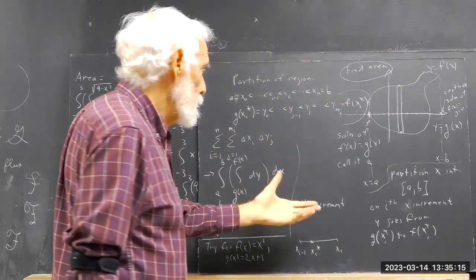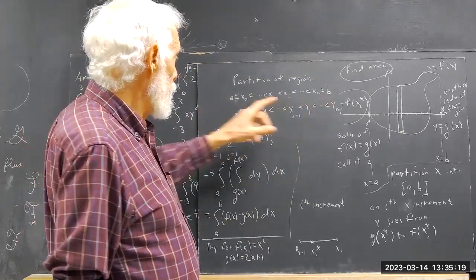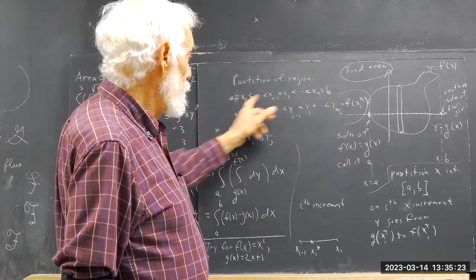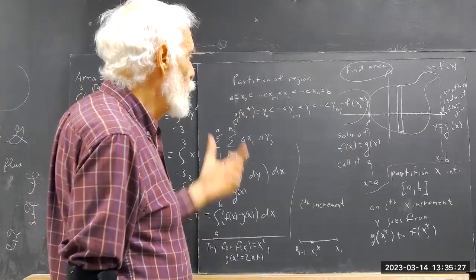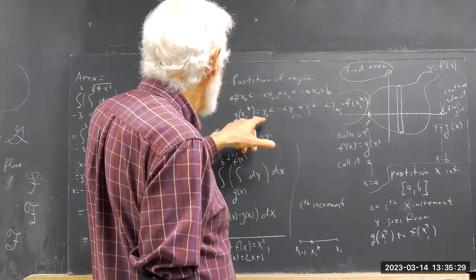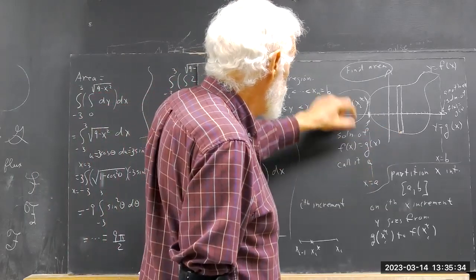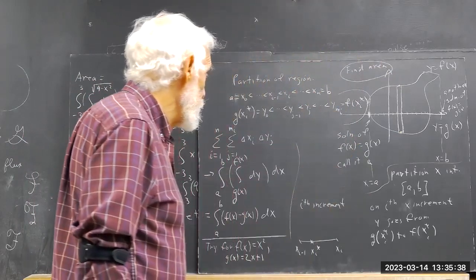So our partition of the region is pretty simple. Typical partition for x from A to B, x naught equals A, x n equals B, and the usual stuff in between with the typical increment. And then y goes from g of x i star, that's the y down here, up to f of x i star, which is the y we have up here.